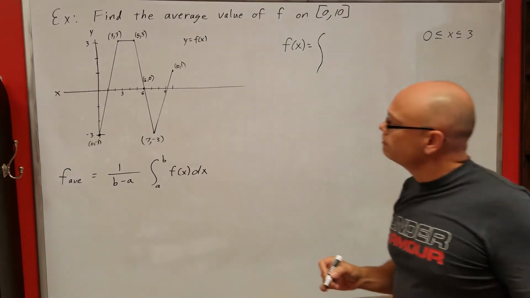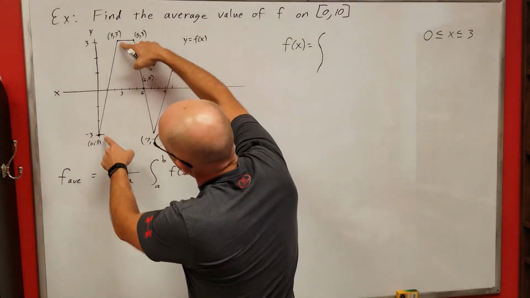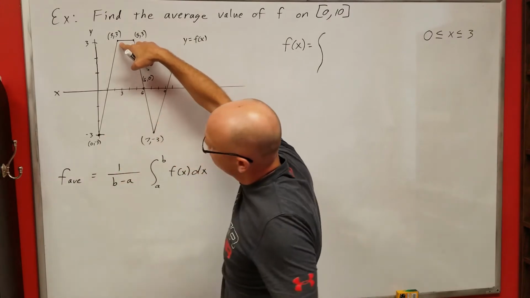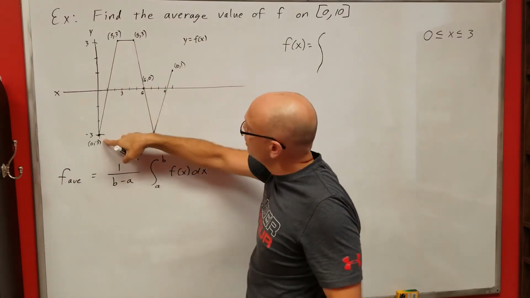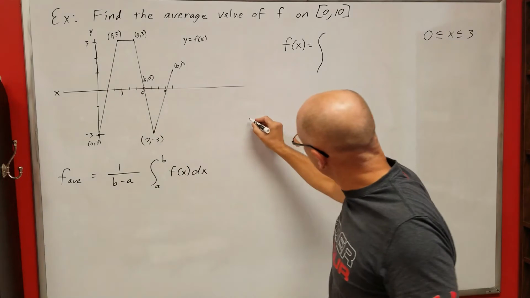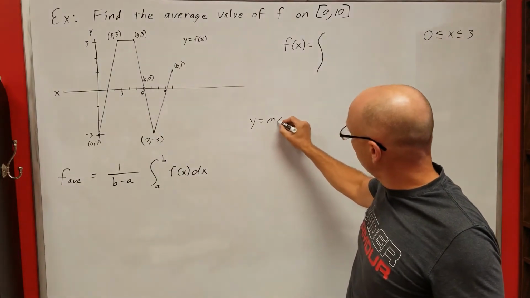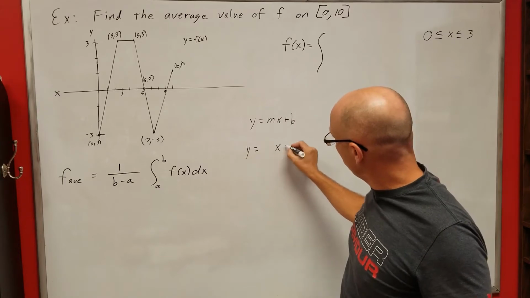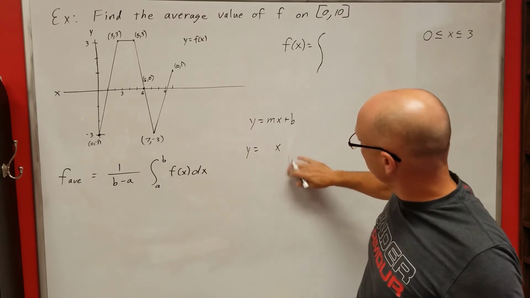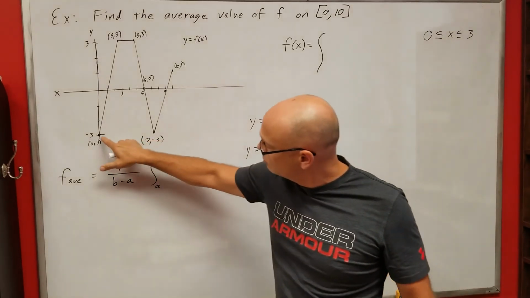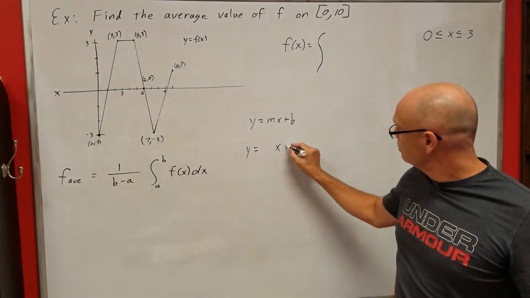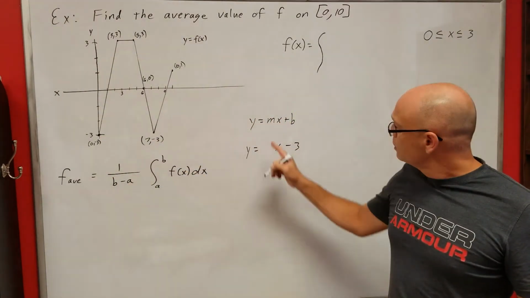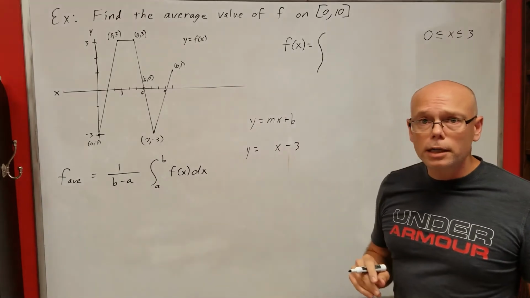Now let's see. How do I find this function right here? Well, it's linear, right? So it's going to be y equals mx plus b. Well, I know what b is. b is where it crosses the y-axis, right? Where does that happen? -3. So I need m next. How do I find m?